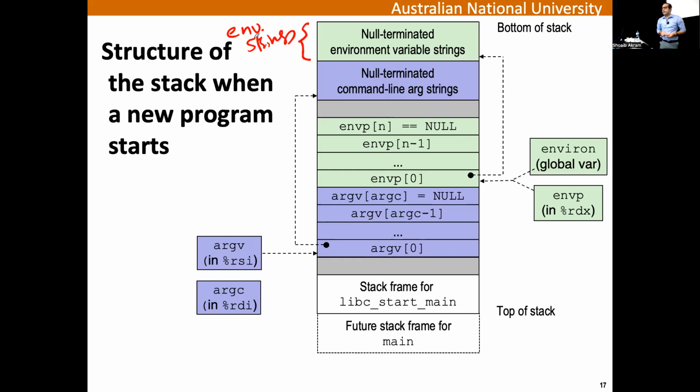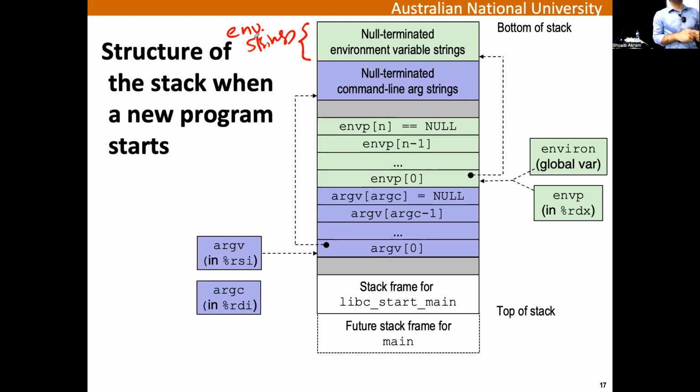Environment strings are when you want to set environment variables outside the program that tell something to the program. For instance, you could set the maximum number of files the program can open, or the maximum size of the stack the program can have, and then the program can read the environment variable. You can set these environment variables using a shell command.